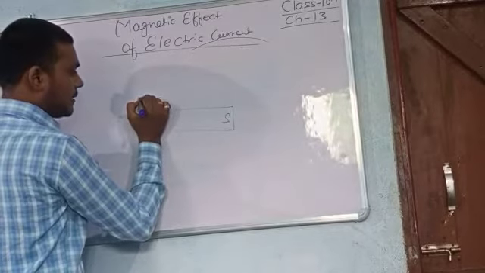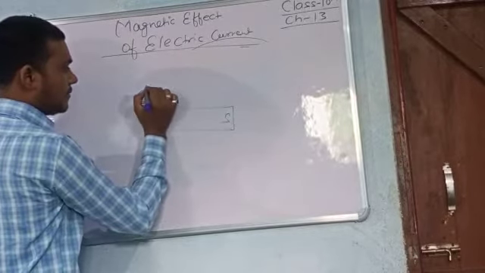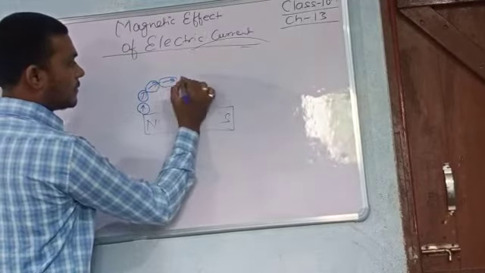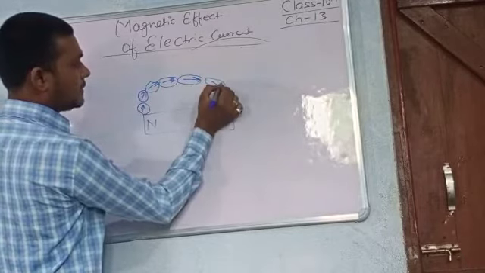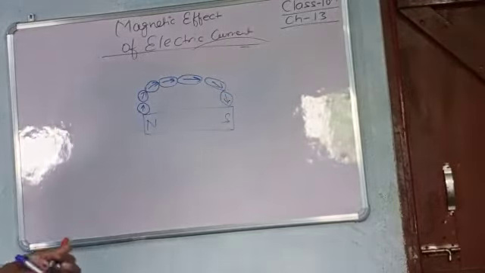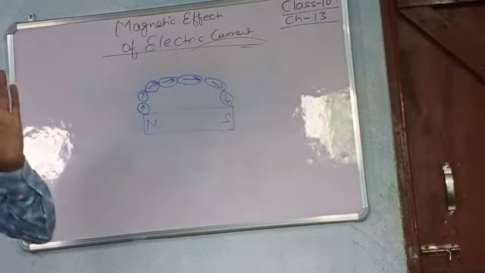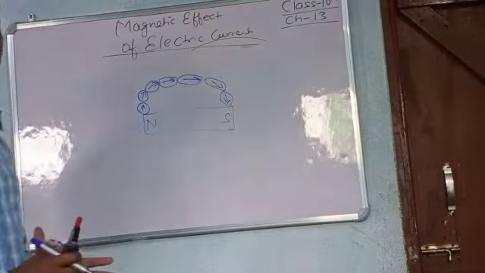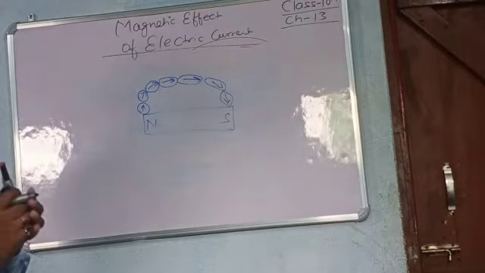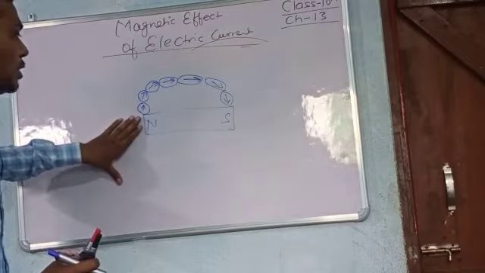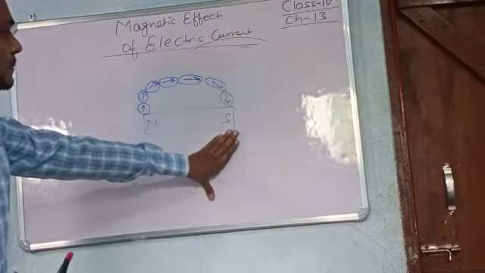Again we place it here and follow the direction of the needle. Hence we can understand that the magnet produces a magnetic field, which has magnetic field lines, and those lines start from the north pole and end at the south pole.